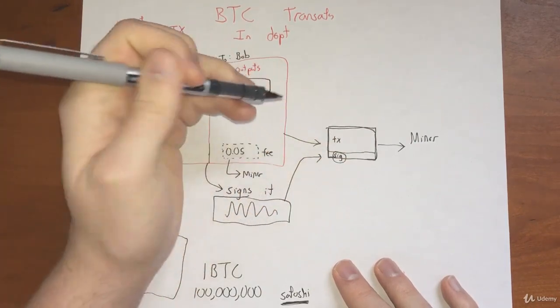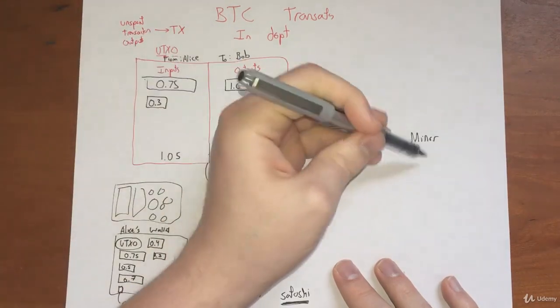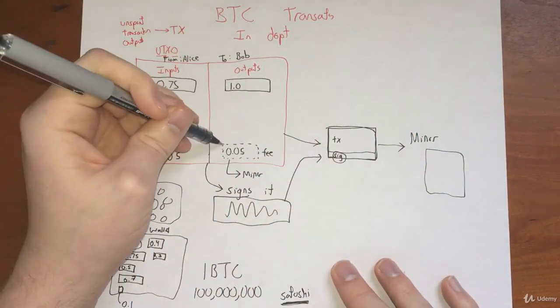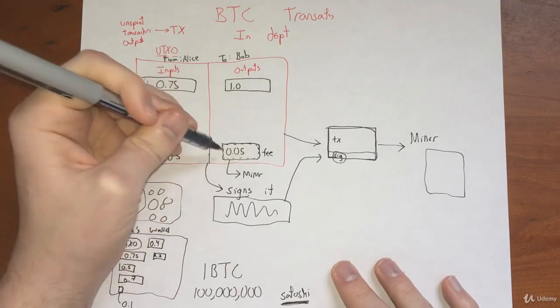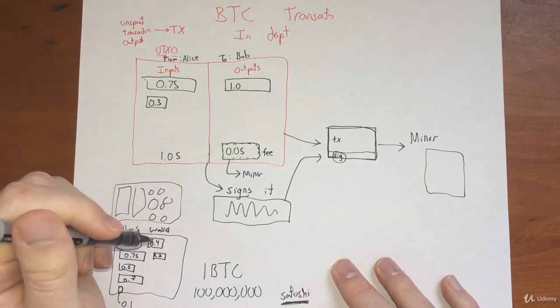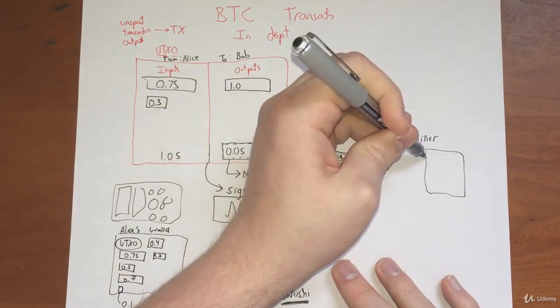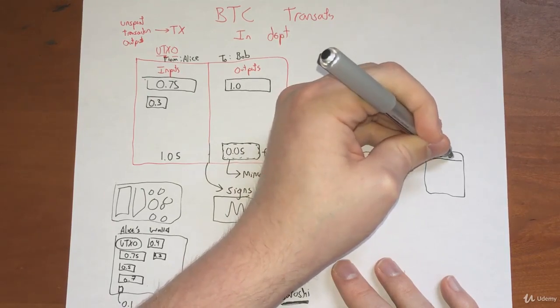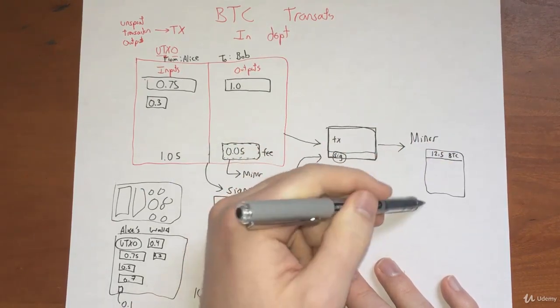And the miner adds this transaction to the current block and keeps this, we'll call it a 5-cent fee. And so how does the miner make money? The miner makes money through the 12.5 Bitcoin they earn from mining this block.